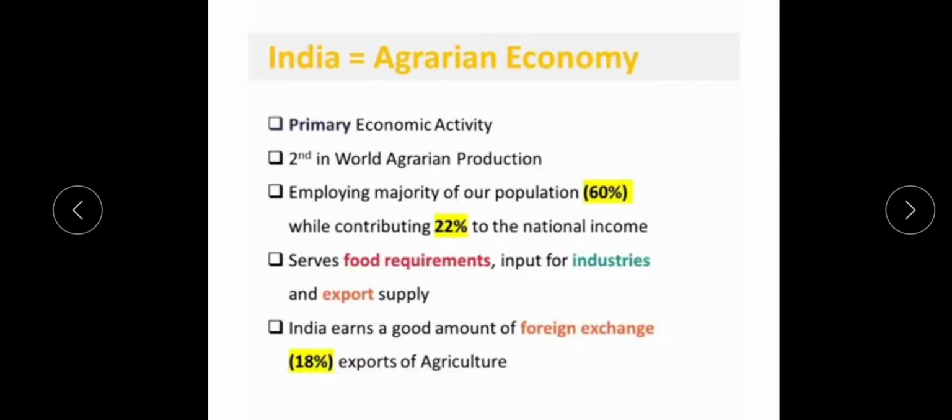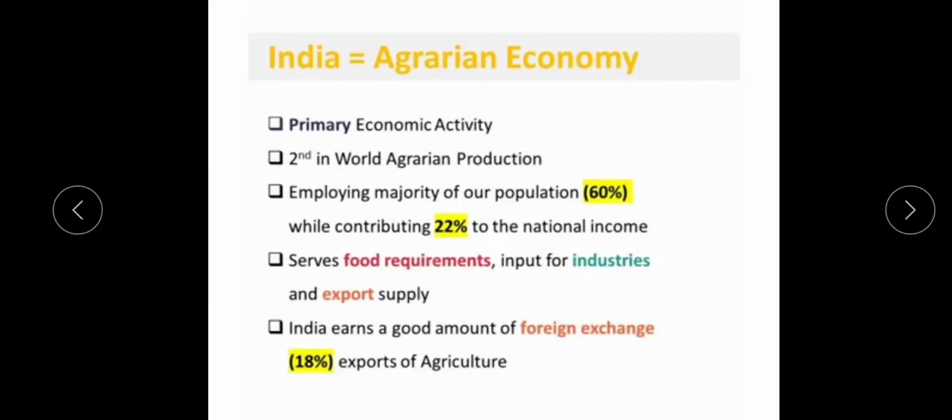Agriculture provides employment to about 60% of our labor force. Employing the majority of our population, that is 60%, it contributes about 22% to the national income. In short, it is also contributing 22% to our GNP.